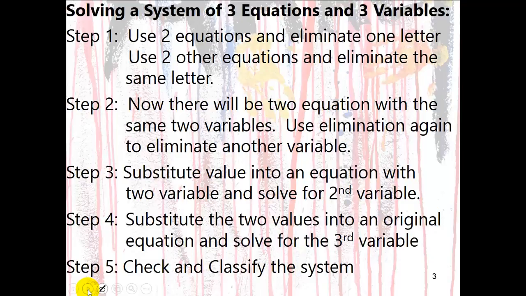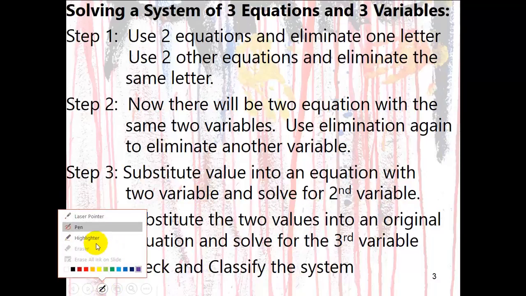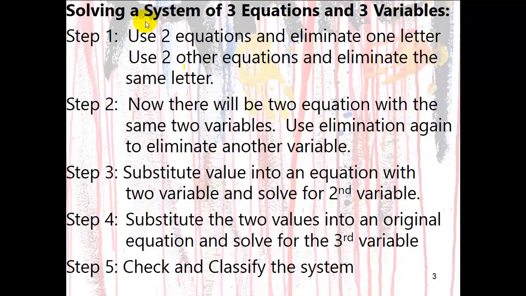These are some big picture steps to go through when you are solving a system of three equations with three variables. We're going to do several eliminations, and then we're going to do several substitutions. So step one, we're going to use two equations, and we're going to eliminate a variable, any letter.